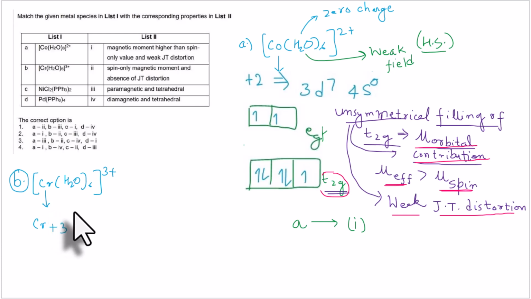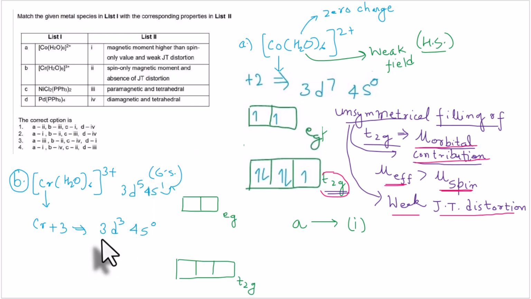So chromium, we know the valence electronic configuration in the ground state is 3d5 4s1. Now in the +3 oxidation state, the valence electronic configuration becomes 3d3 4s0.